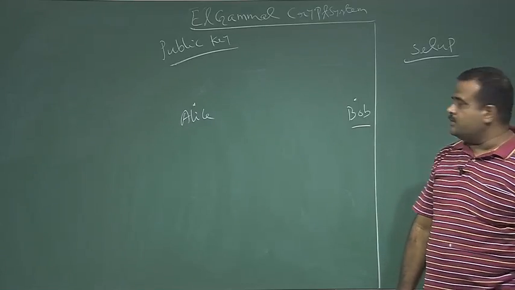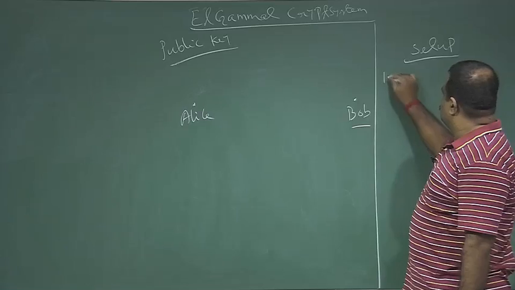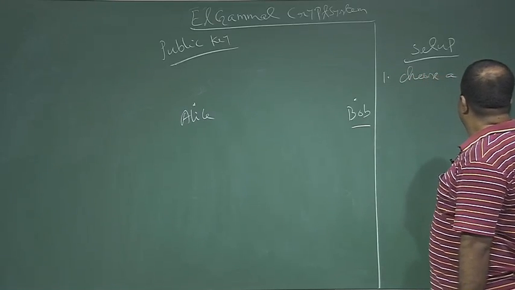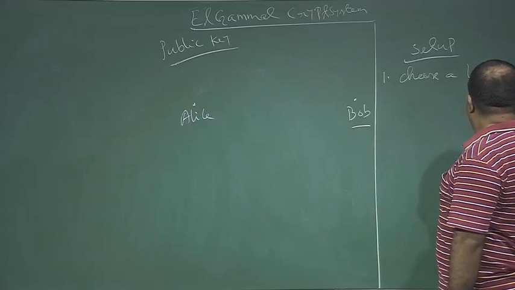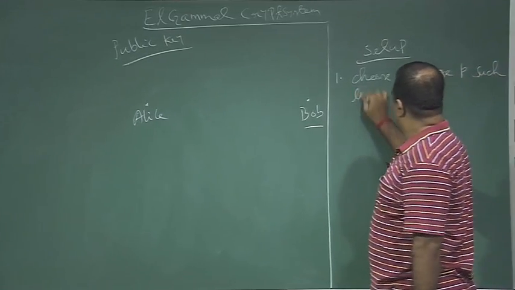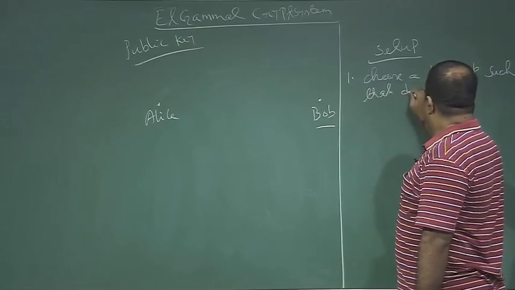So what will Bob do? Bob will first choose a large prime p such that the discrete log problem is hard in Zp.